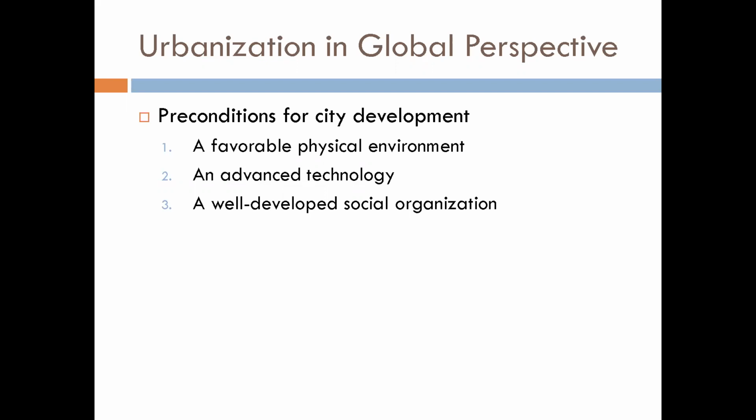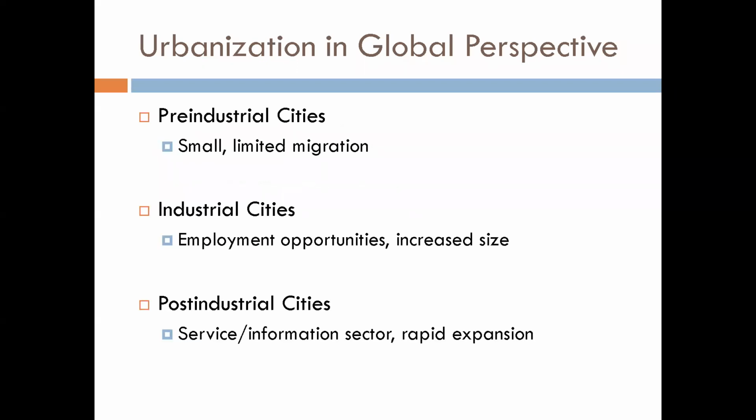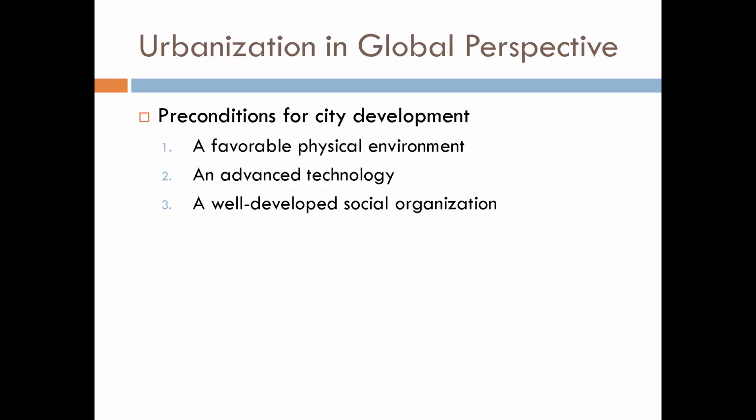But finally, we develop social organizations, for example, police departments or healthcare systems, and other parts that we need to build a city. So with these elements, we have three types of cities: elements of physical environment, advanced technology, and social organization.